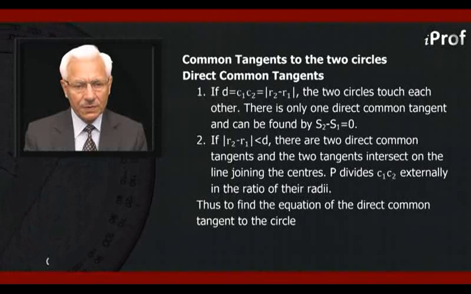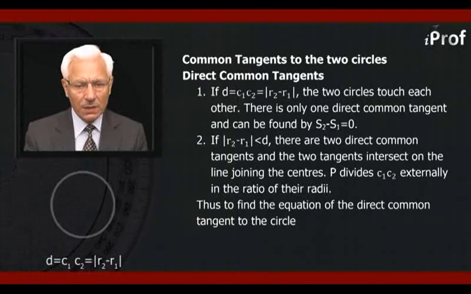Now if the distance d between the centers C1 and C2 is equal to modulus of R2 minus R1, where R1 and R2 are the radii of the two circles, then the two circles touch each other.